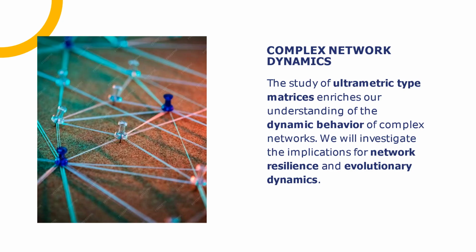Complex network dynamics. The study of ultrametric type matrices enriches our understanding of the dynamic behavior of complex networks. We will investigate the implications for network resilience and evolutionary dynamics.